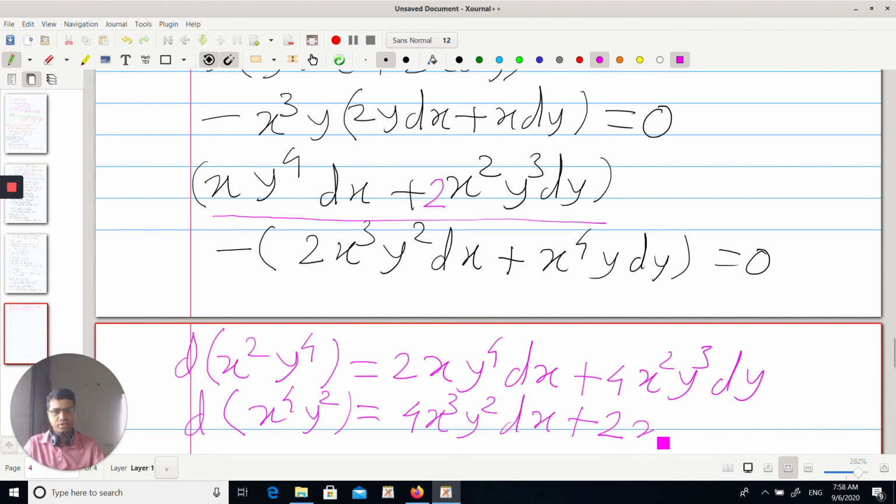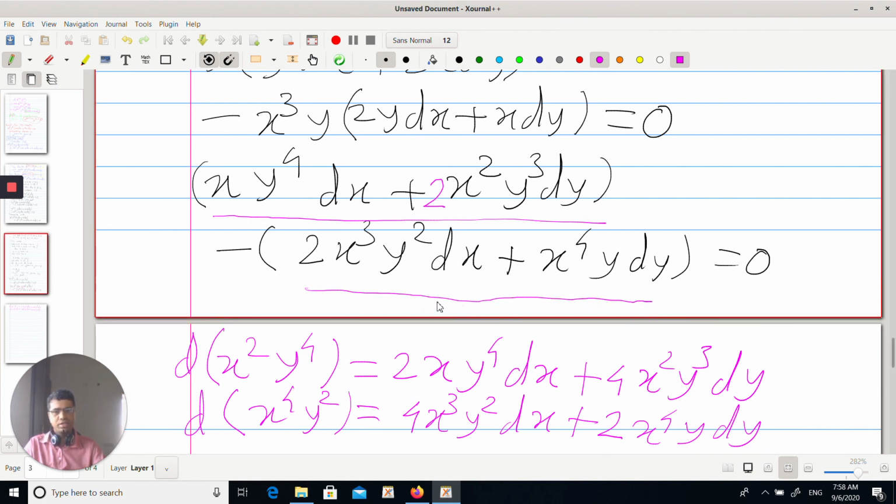So 2 times x raised to 4 y dy. Now check the second again. Again we can see it is in the form of the differential of x raised to 4 y square.